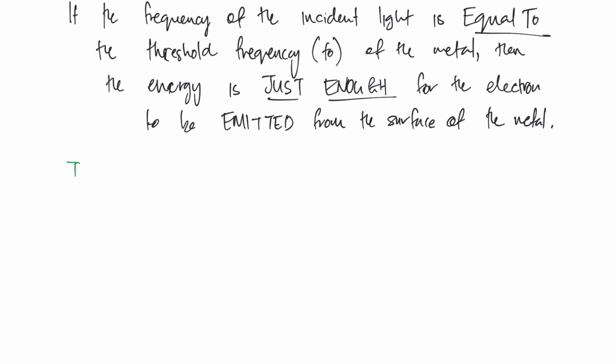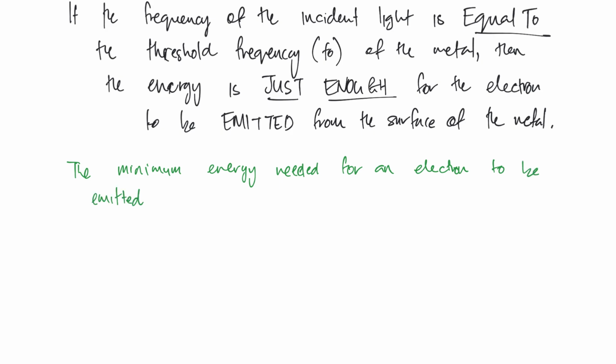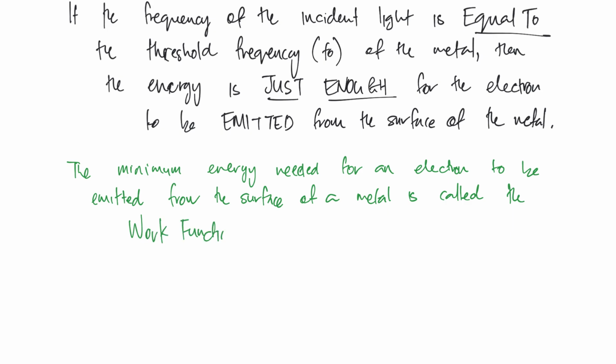So how we put that down is we say the minimum energy needed for an electron to be emitted from the surface of a metal is called the work function of the metal.